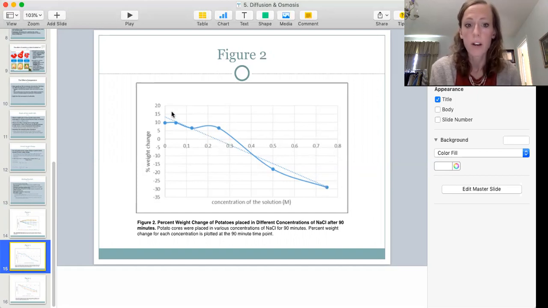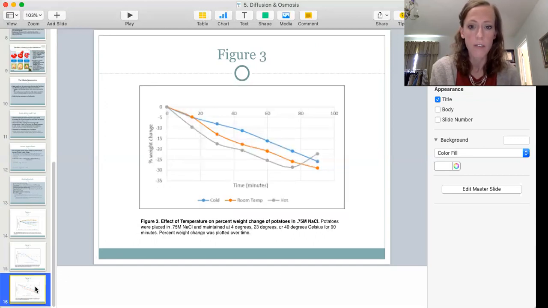If you have less solute concentration outside, so a hypoosmotic or hypotonic environment outside of the potatoes, then you're going to have more movement of water into the potato cells and then an increase, a positive percent weight change, okay? Increase in weight.